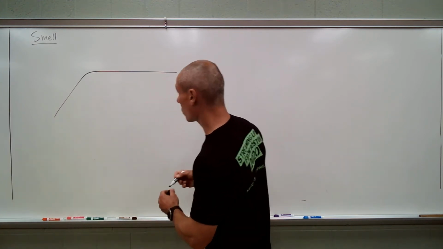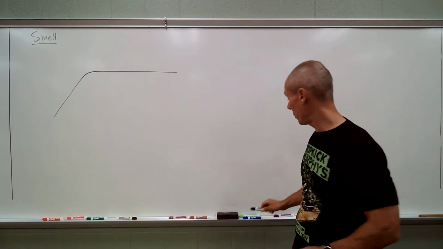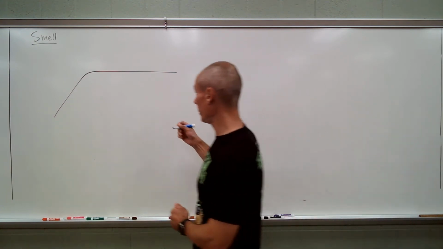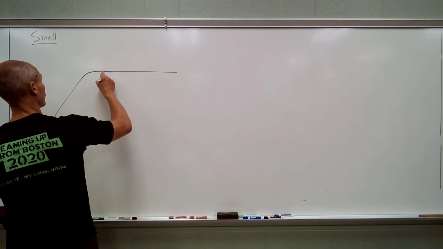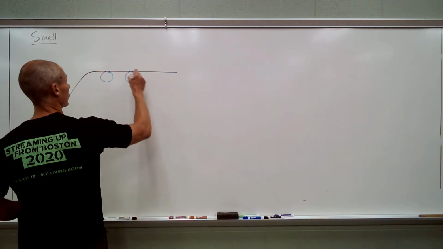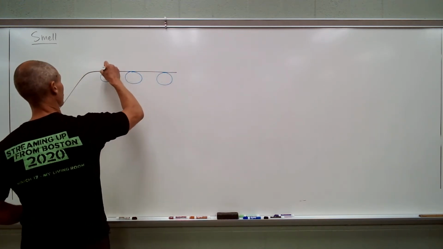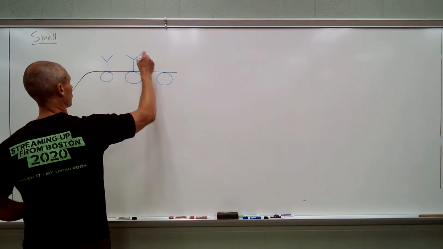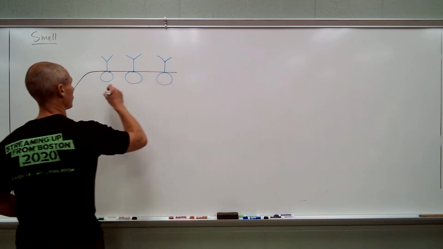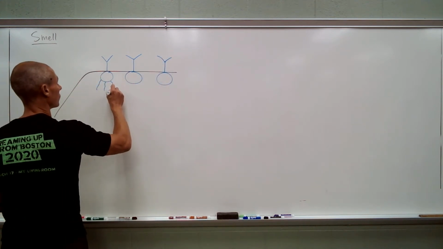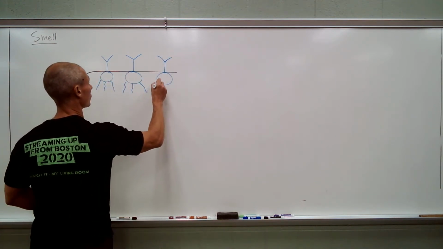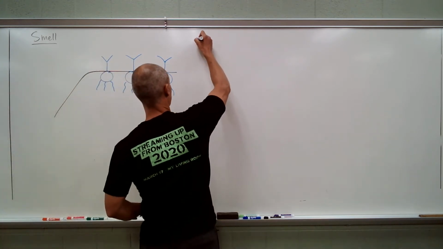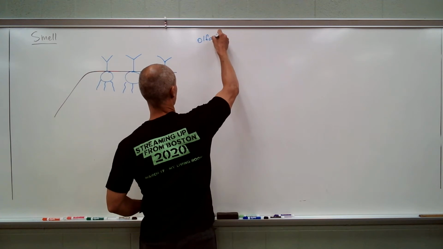Here, in this top, you have special cells called olfactory neurons. Okay, so these, the blue ones, are olfactory neurons.